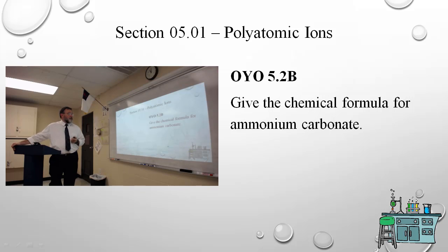Okay. So for ammonium carbonate, this one's a little different. Why is it? What is the element involved here? Or is there one? There's no element involved here, right? We have 2 polyatomic ions. An ammonium polyatomic ion and a carbonate polyatomic ion.